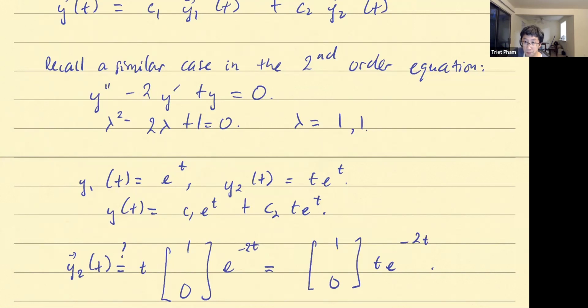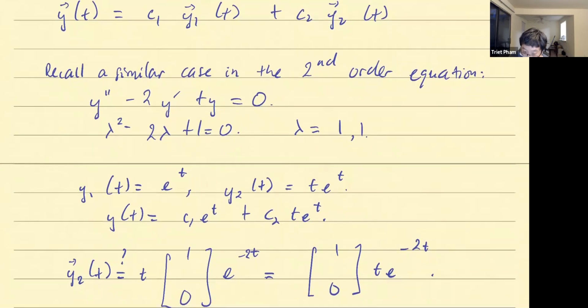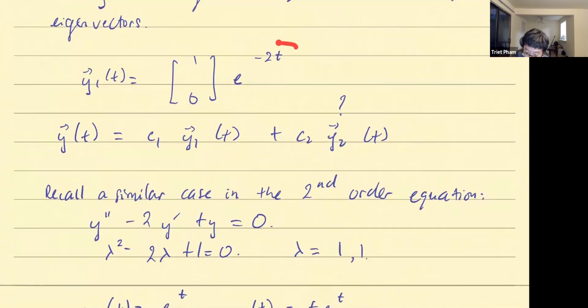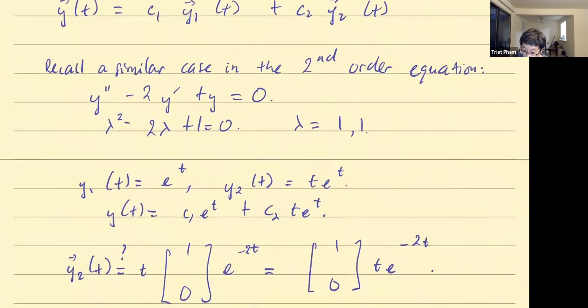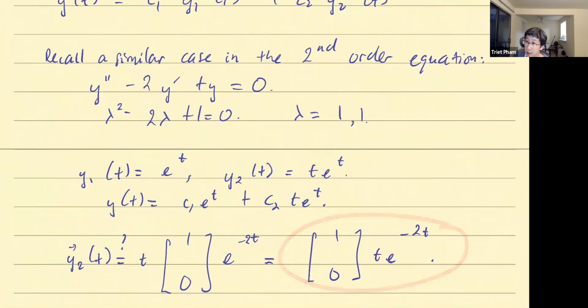So first of all, do notice that when I multiply by t, I do produce an independent solution. e to the t and t e to the t are two different functions. So if this is y1 and this is y2, it's fine, meaning they're independent.